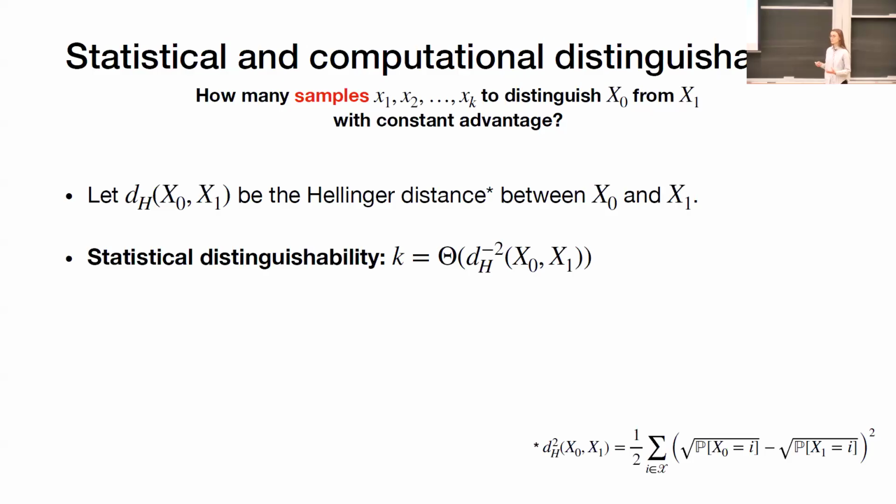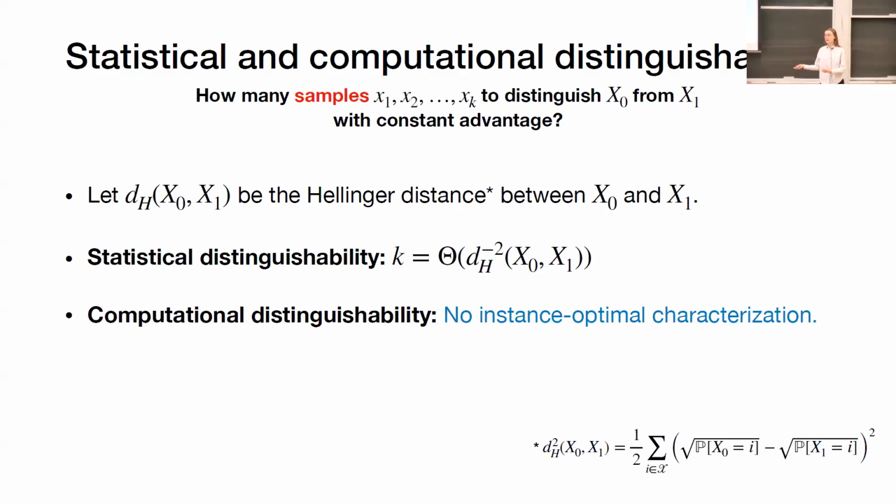And the total variation distance is closely related to another notion of distance called Hellinger distance, which allows us to capture the number of samples we need. So in the statistical setting, there is some distance measure between x0 and x1 that's capturing how many samples we need. Let's turn to the computational distinguishability setting.